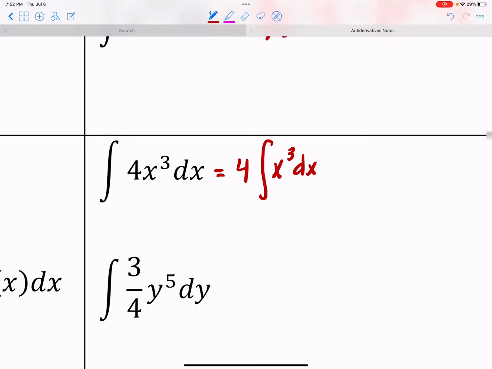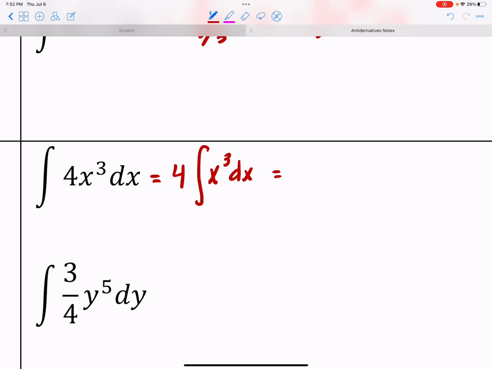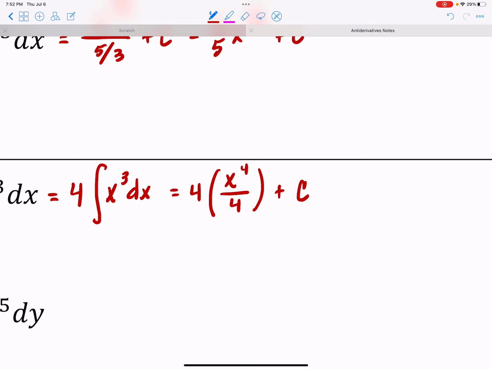Because x cubed I can integrate, so this is going to be 4 times x cubed becomes x to the 4th over 4: add 1 to the exponent, divide by the new exponent, and then add our constant of integration. Then we can simplify, the times 4 and divide 4 cancel, and so we're left with x to the 4th plus c.